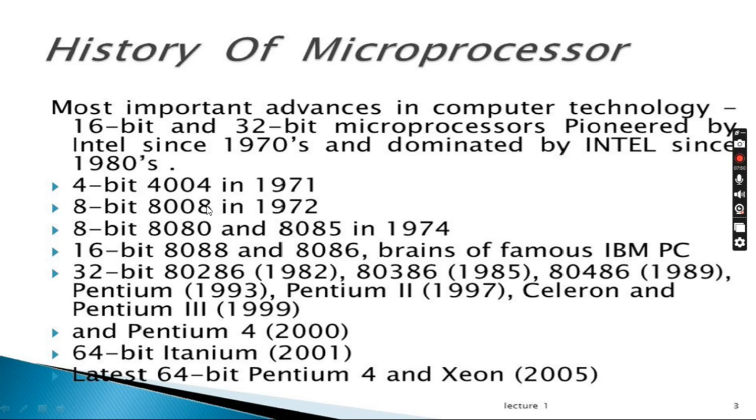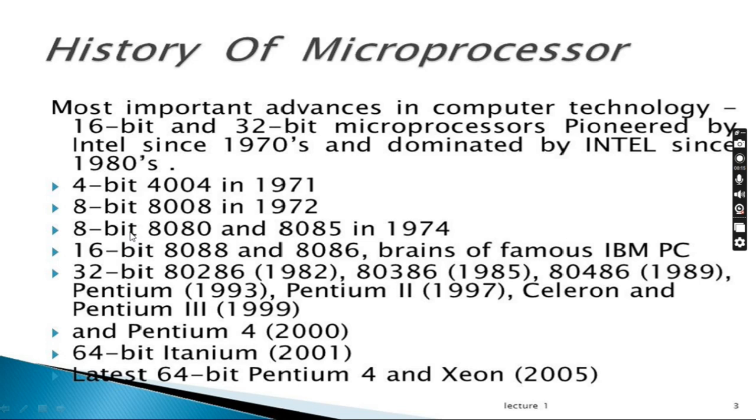Okay, 8-bit data, which can be processed at a particular instant of time. Depending upon some features added, 8-bit microprocessor versions evolved as the 8080 and 8085 in 1974.